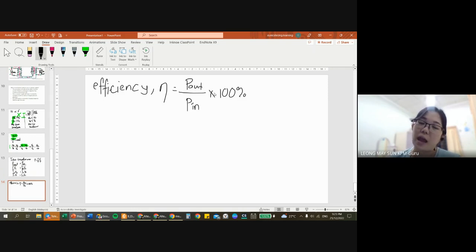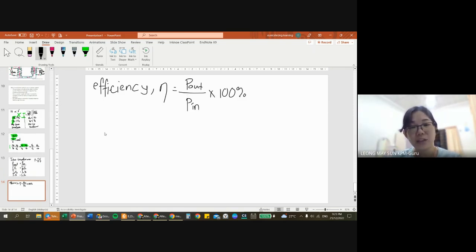Why? Because in actual real life situations, when current flows through, there will be heat produced. If you're using a laptop or a desktop right now, you can touch the keypad or the power supply there. It's actually heating up. Why? Because there's electricity passing through. They will induce a magnetic field. Then they have to do work in order to overcome all these things that are happening.